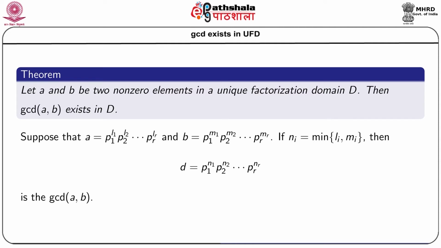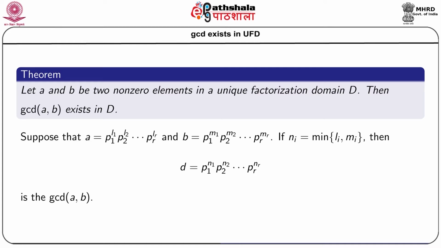Suppose A is P1 to the power L1, P2 to the power L2 up to Pr to the power Lr. This is the irreducible factorization of A, and assume that the irreducible factorization of B is P1 to the power M1, P2 to the power M2 up to Pr to the power Mr. Note that it may be that there are some irreducible factors of A which may not be factors of B. In this case, we consider the power of these irreducible factors as 0.